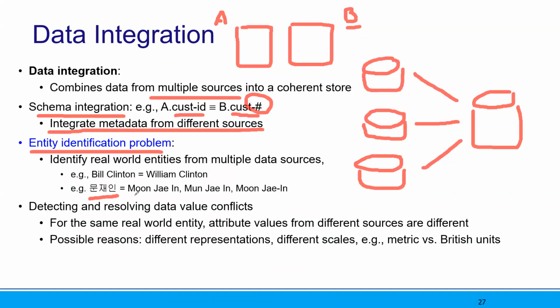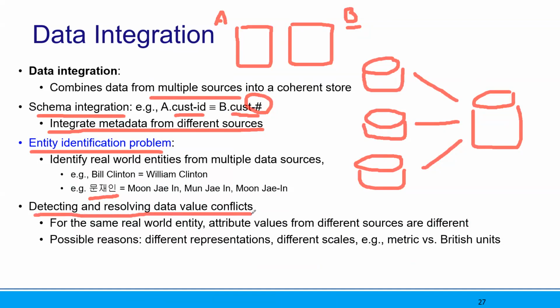In one column, the name will have Moon Jae-in in different letters, but actually they are the same. So this kind of problem may occur when you want to integrate the data.